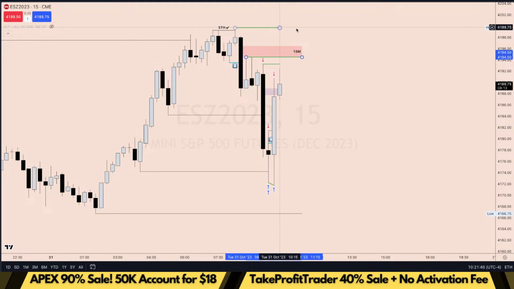Buy side, and buy side liquidity. This is our 1-minute inversion fair value gap.